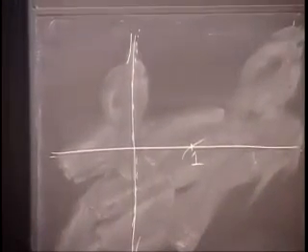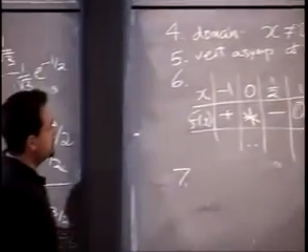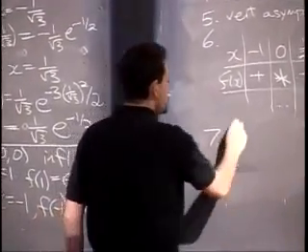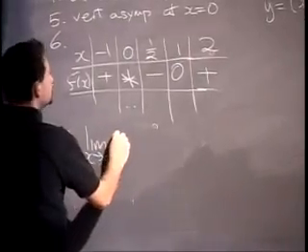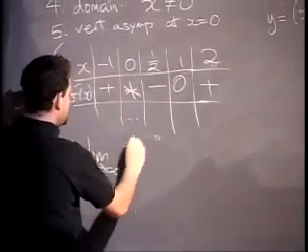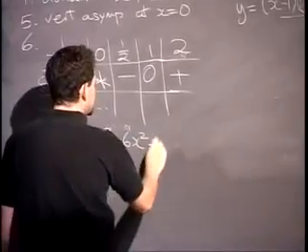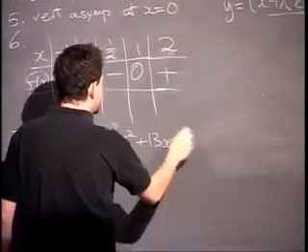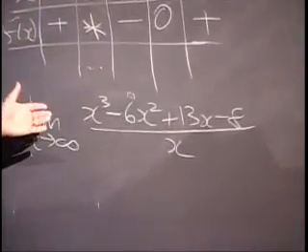We still have 10 minutes to finish, about that. So for step 7, I would like to spend a little bit of time on this step. What is the limit as x goes to infinity of the original function, x cubed minus 6x squared plus 13x minus 8 over x? Well, in order to do this, I don't even need to multiply and divide.